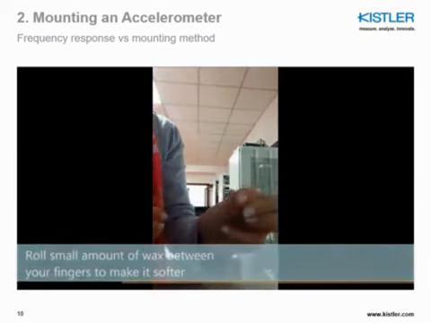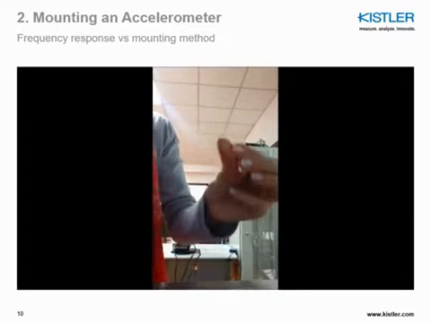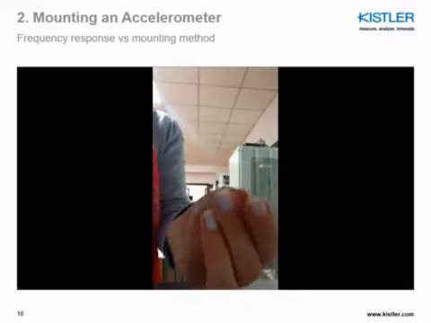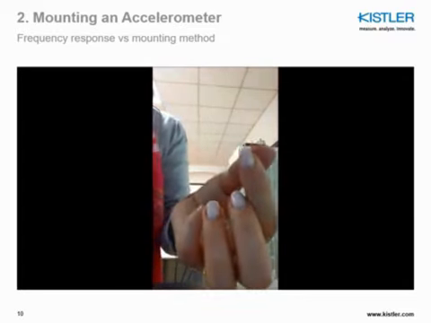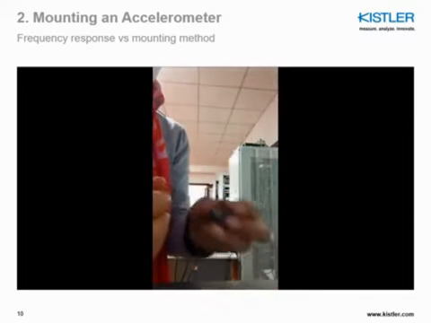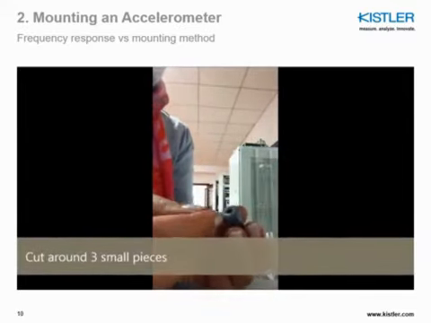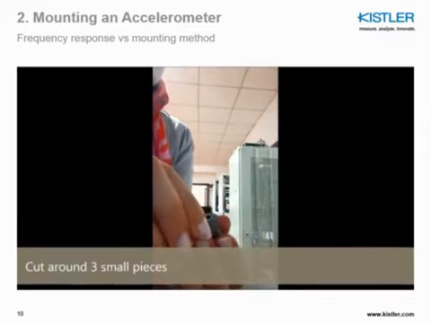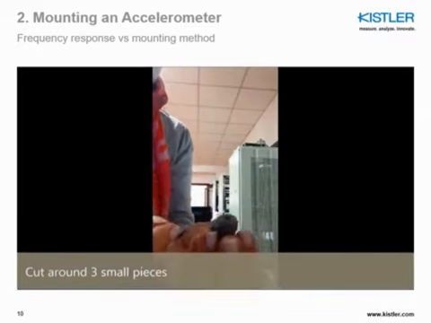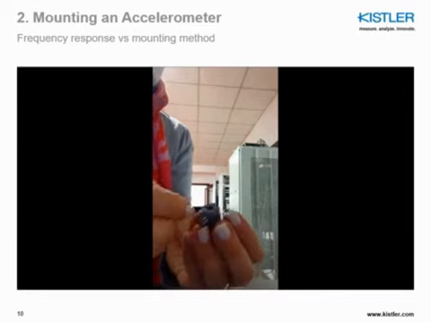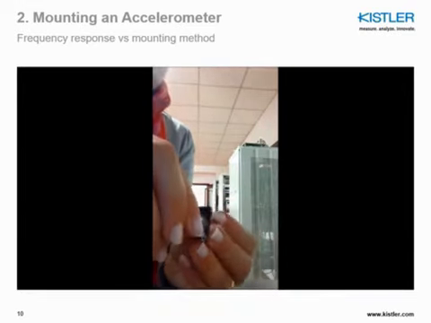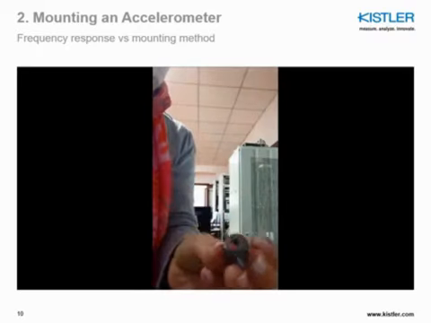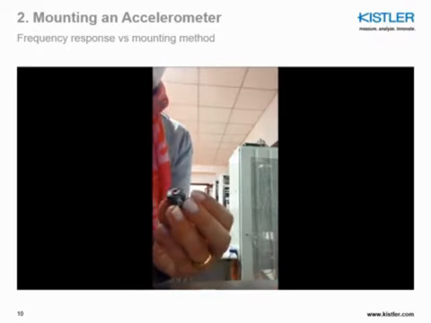Now using the wax, we want to soften the wax in our fingers. The goal here is to make the thickness of wax as thin as possible. So we'll cut around 3 small pieces of wax, so as not to have too much on the sensor.